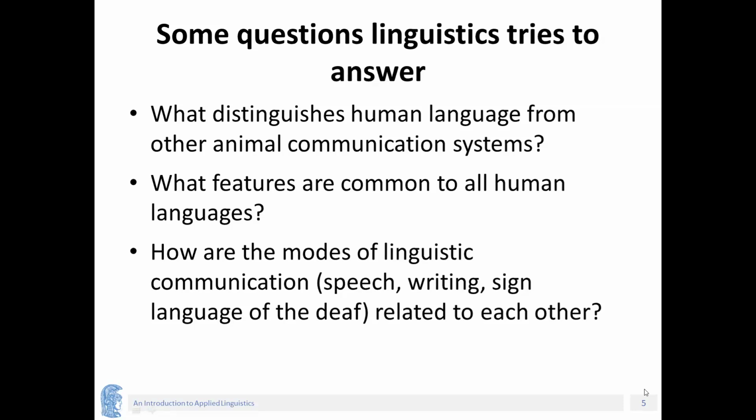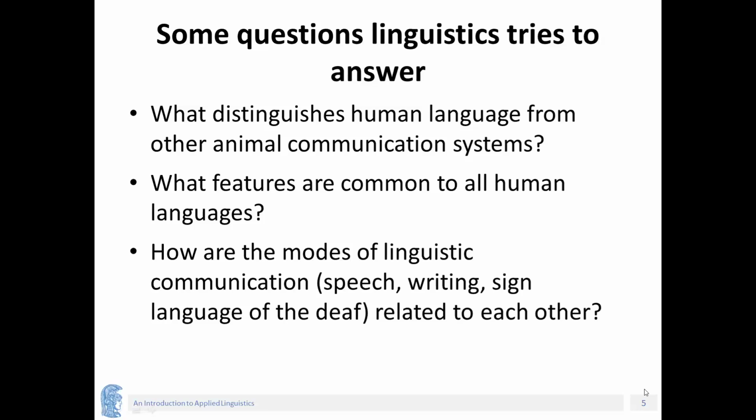So linguists try to answer how human language differs from animal language, or what the differences are between human language and animal language, and what features are common to all human languages.